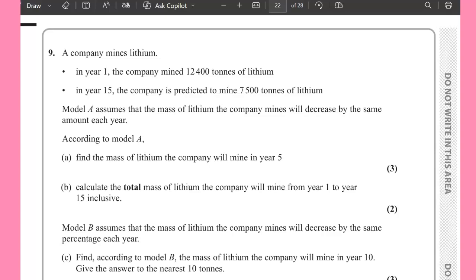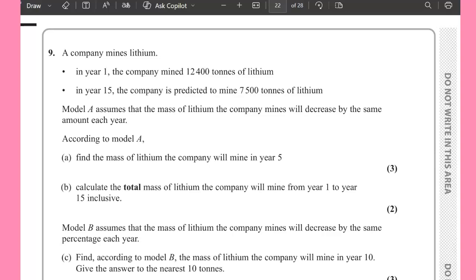A company mines lithium. In year 1, the company mined 12,400 tons of lithium. In year 15, the company is predicted to mine 7,500 tons of lithium. Model A assumes that the mass of lithium the company mines will decrease by the same amount each year.